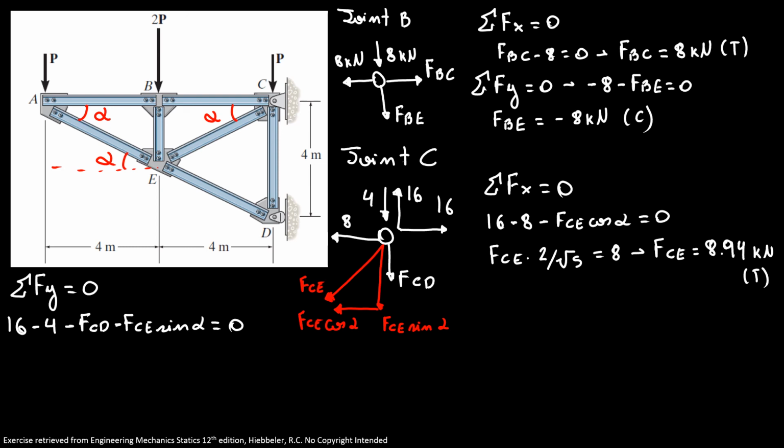So here I have 12 minus 4 square root of 5 times 1 over square root of 5 is equal to FCD. So my FCD is equal to 8 kilonewtons in tension.